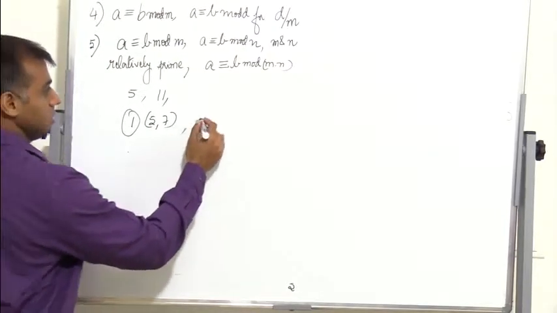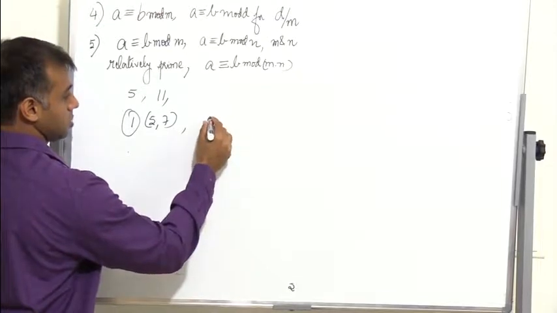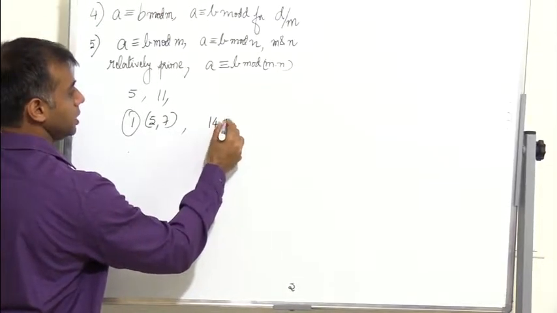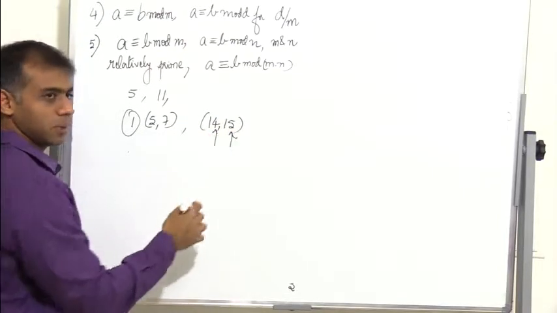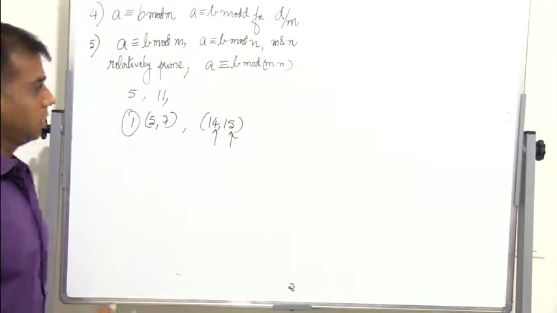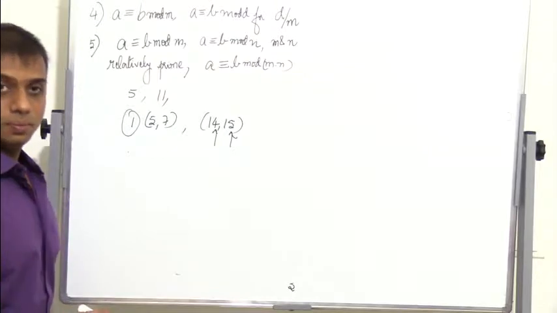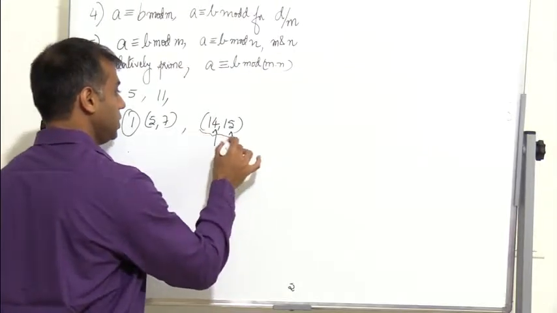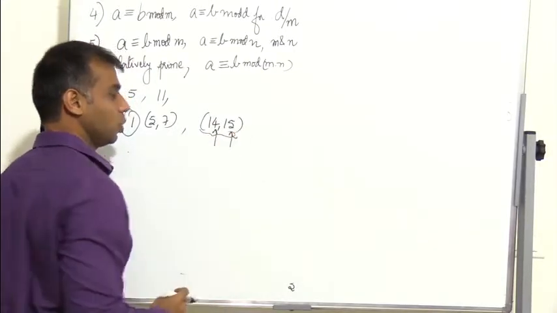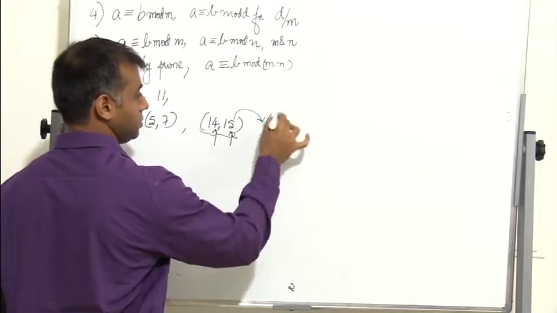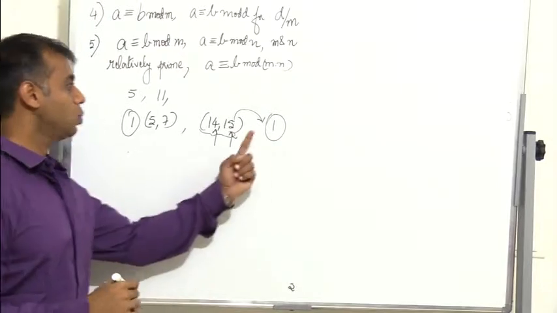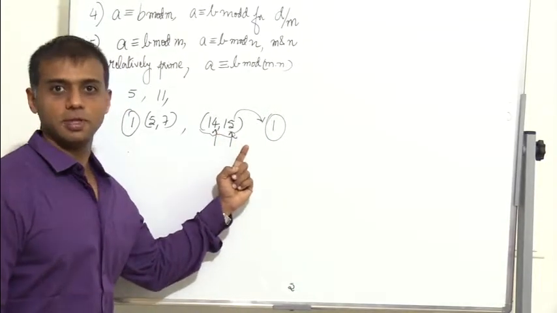Now let me consider the numbers 14 and 15. Now these two numbers are not prime. 14 is not a prime number, 15 also is not a prime number. But if I try to find the GCD of these two, a number which divides both 14 and 15, I end up getting 1. It was only 1 which divides both 14 and 15.